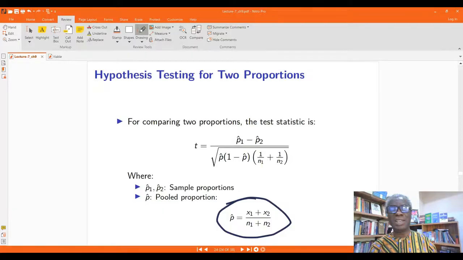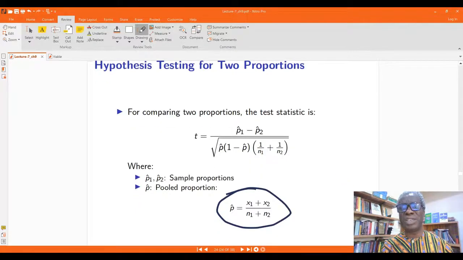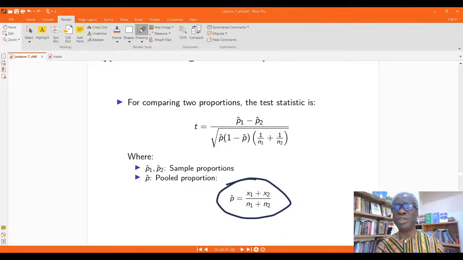X1, remember, is the number of successes, the number of those with the attribute in this population, the sample 1. X2 is the number of those with the required attribute in the sample 2.